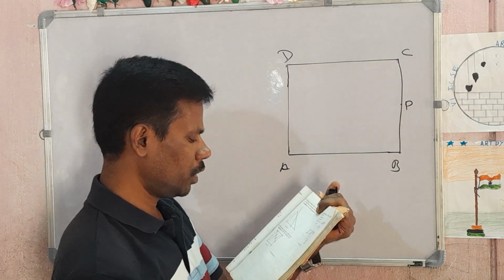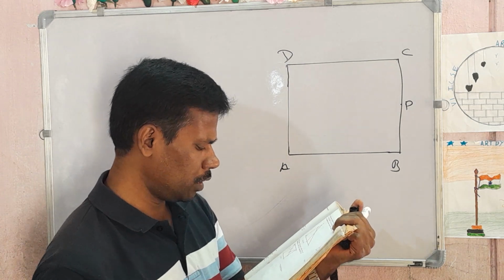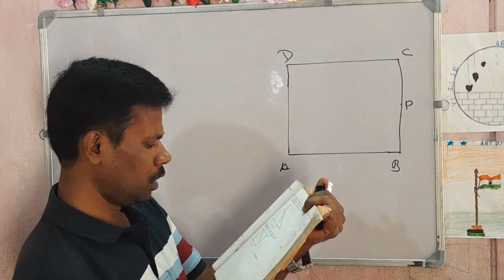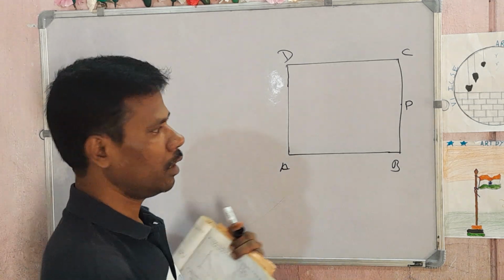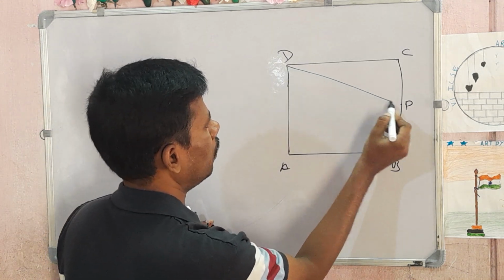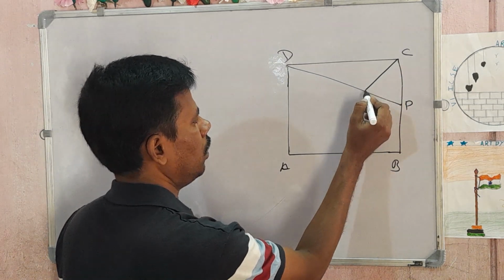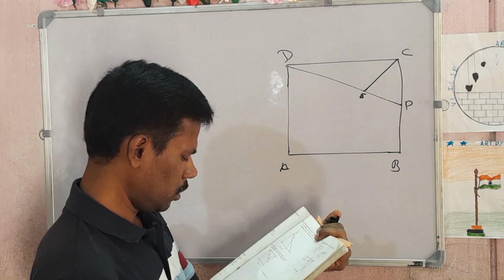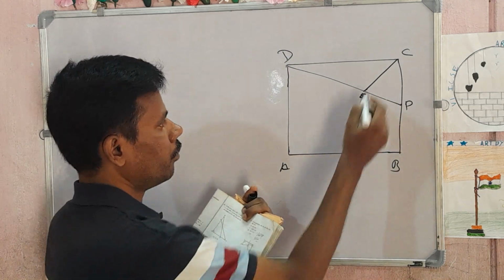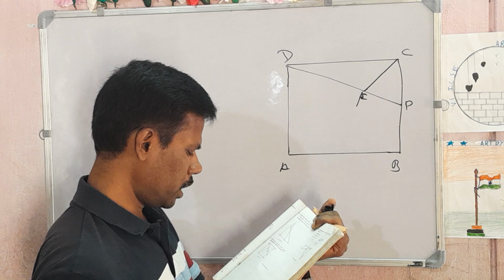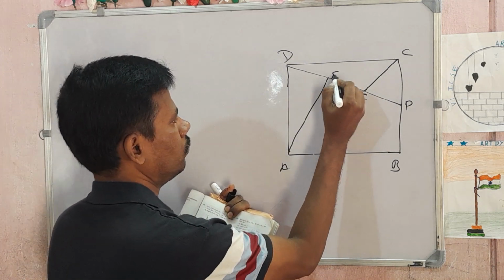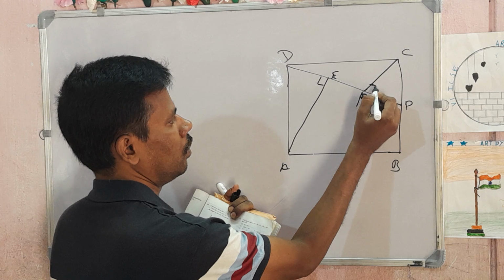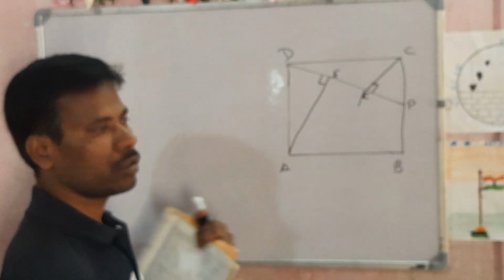Join DP. AE and CF are perpendiculars to DP. Prove that DE is equal to CF.